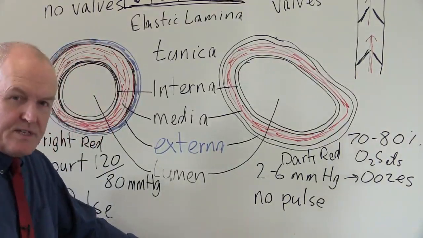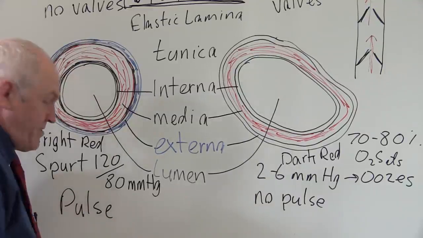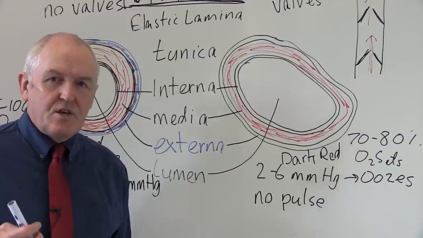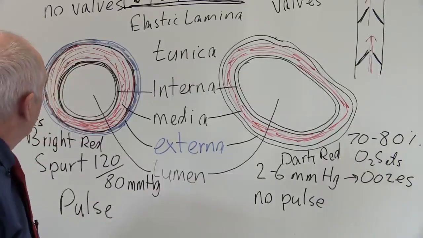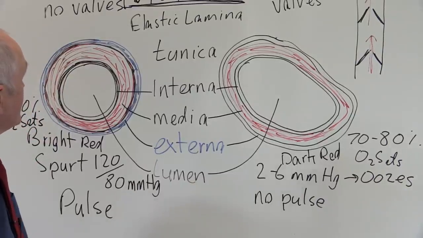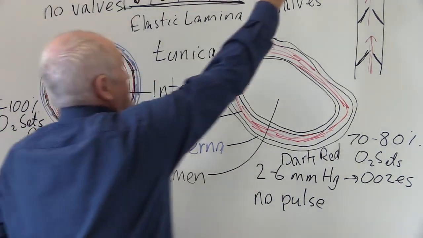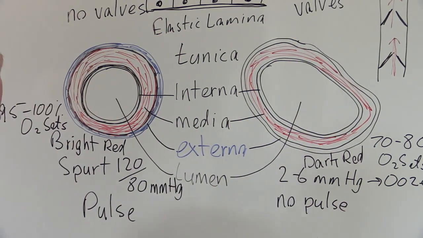So it's quite simple to tell the difference. And of course, the fact that arteries pulsate is very useful. We can feel them all over the body, and that gives us a lot of useful clinical information about our patients.